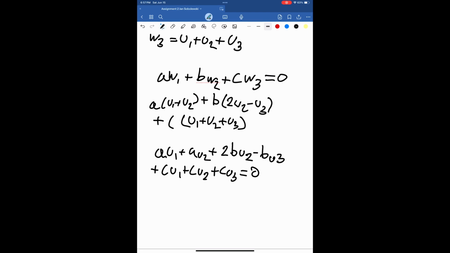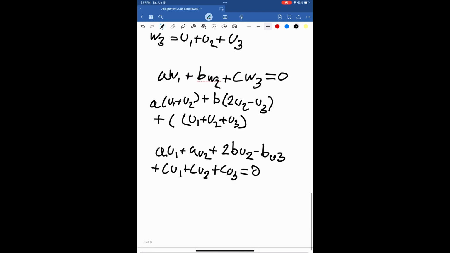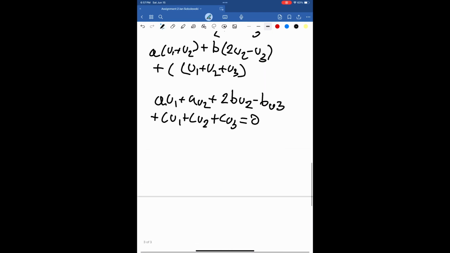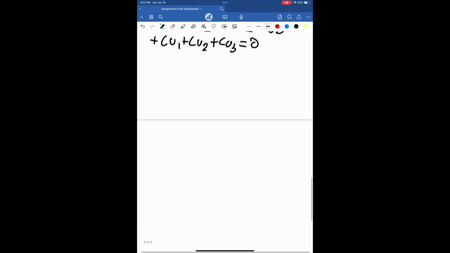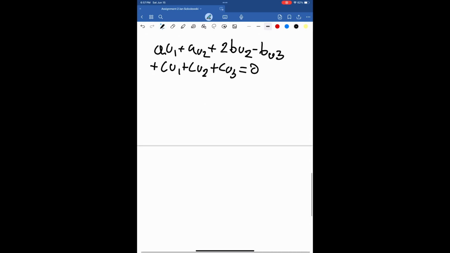So now we factor in order to get a bunch of equations to prove that we have a system and that everything's happy and we've got our linear independence proven. We got this as our first factor for u1.